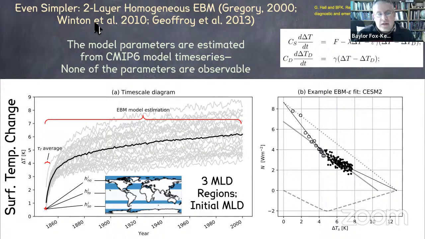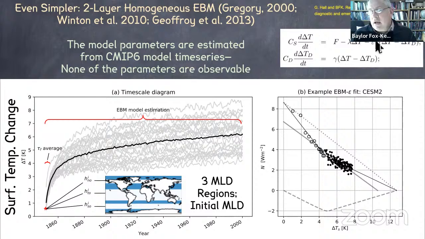And then there's a lot of nice work out of GFDL from the Winton paper, and then back to the Europeans for the Geoffroy et al. paper. They expand on the Hasselmann model a little to have a shallow layer and a deep layer, reminiscent of what Anand talks about. And then there's a coupling coefficient between them.